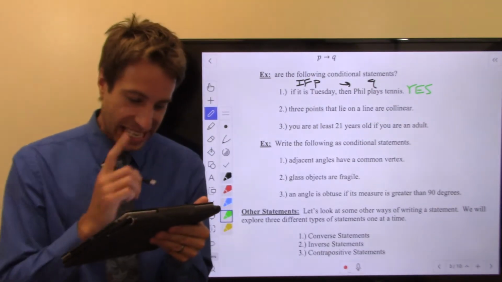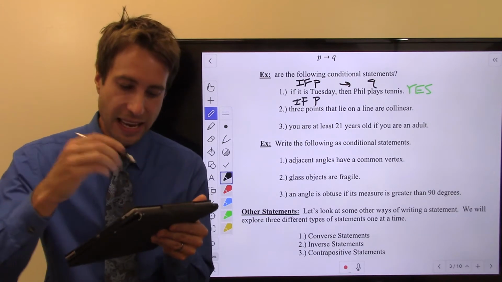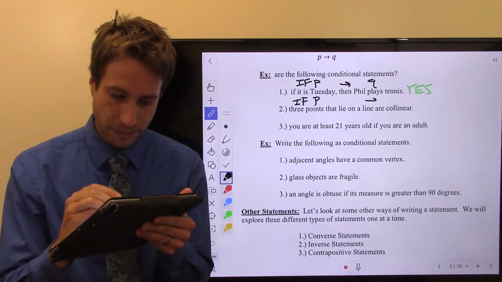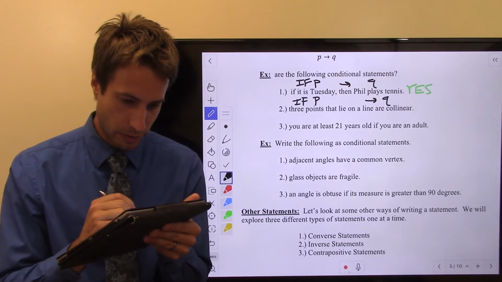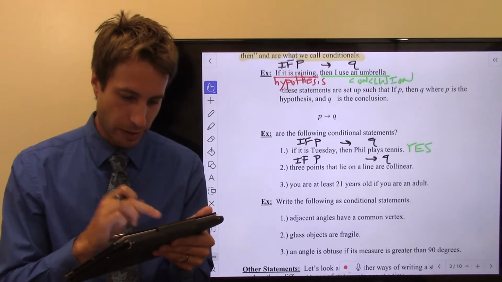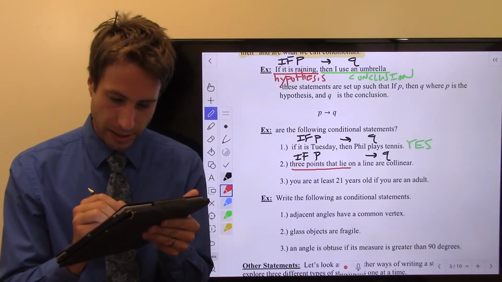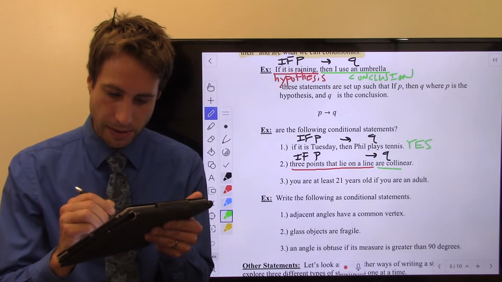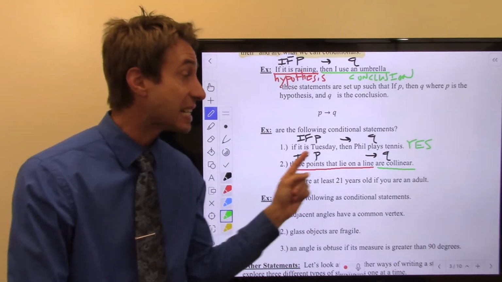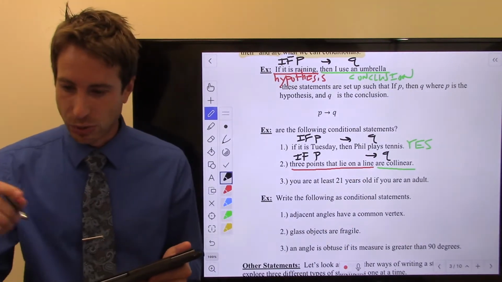It is still if P, if three points lie on a line, then Q. I have a hypothesis and I have a conclusion. Even though I didn't use if and then, it doesn't matter. Still a conditional statement.